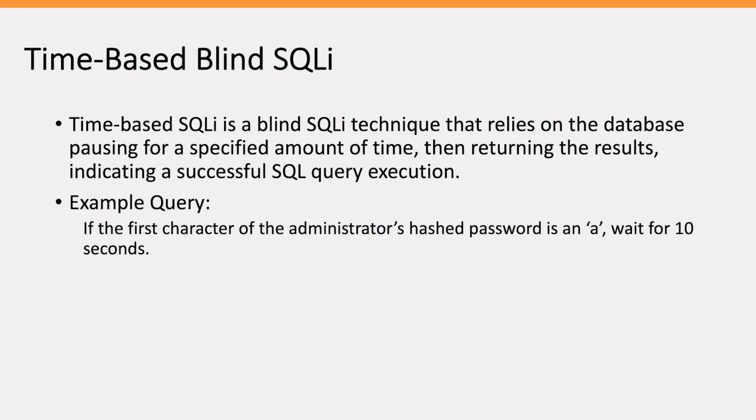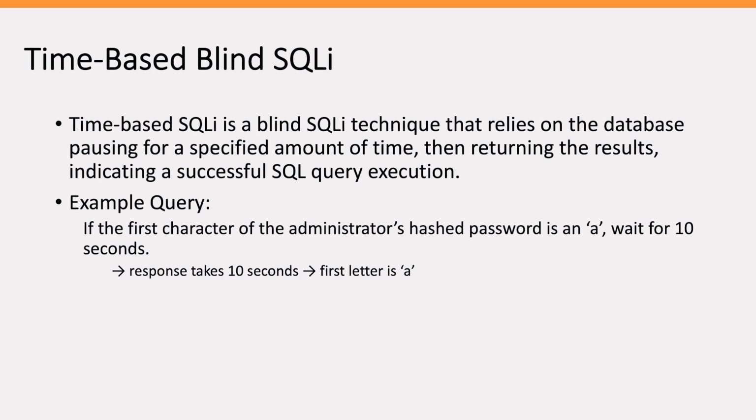And the example is the same as for Boolean-based SQL injection. The way you would extract information from the database is by asking the application true and false questions, except the condition over here is not a response in the application. The indication of whether it's true or false is going to be based on the response time of the application. So I'm going to say if the first character of the administrator's hashed password is an A, then wait for 10 seconds.